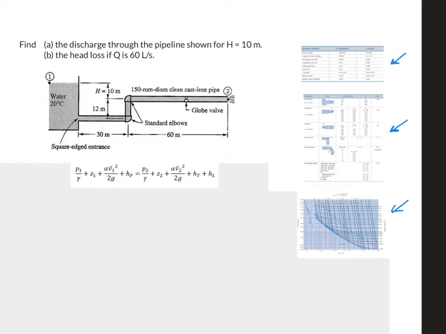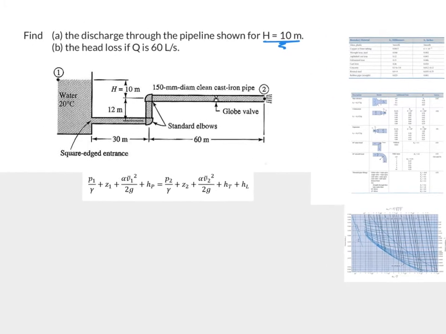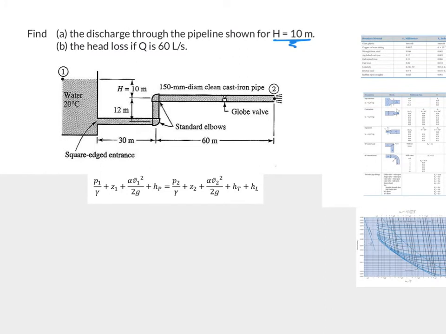Okay, so what we're going to do here is find the discharge through the pipeline shown for H equals 10 meters. Now, what I want to be very aware of is that in the second part, they said the head loss if Q is 60 liters per second. If Q is 60 liters per second, I'm going to convert that real quick: 0.06 cubic meters per second.